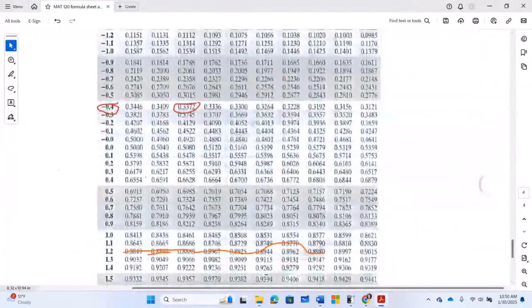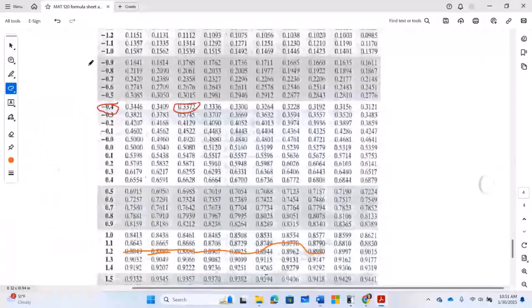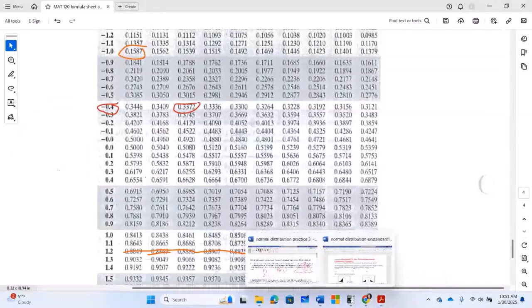And this is -1 right here. Let's go up. -1 is right here. Okay, so what does -1 hold? 0.1587. So I am about to subtract 0.1587.